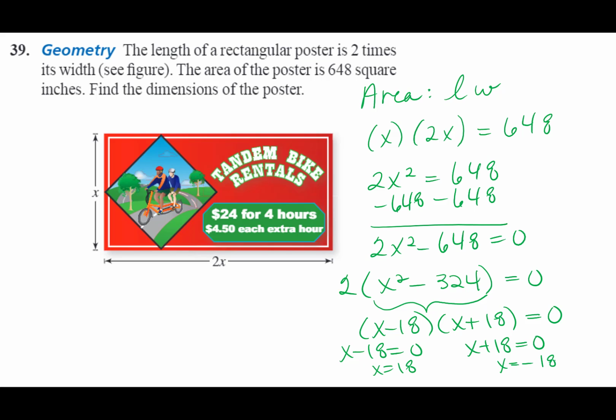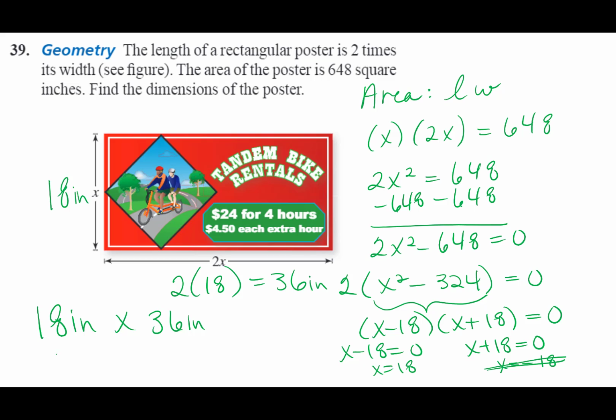Because we're talking about the dimensions of a poster, we're going to throw out the negative 18 and keep the positive 18. And so now we know x is 18 inches, and then 2 times 18 is 36 inches. And so the dimensions of this poster are 18 by 36 inches.